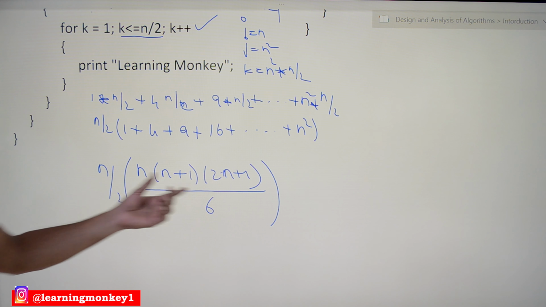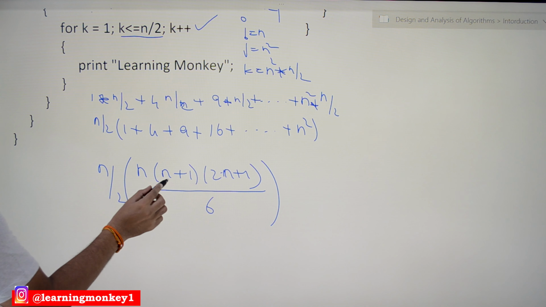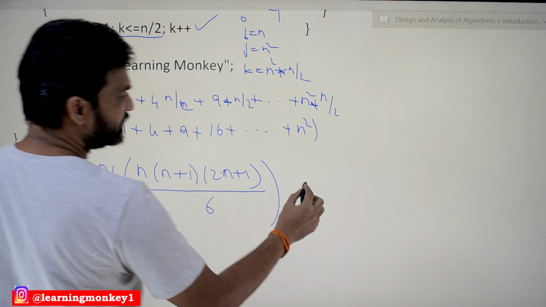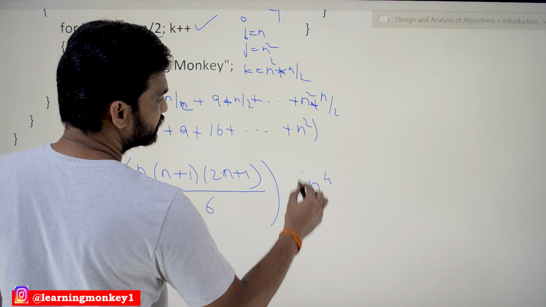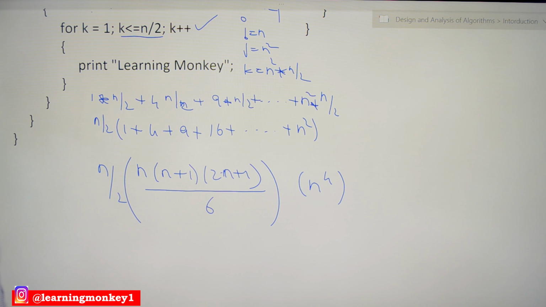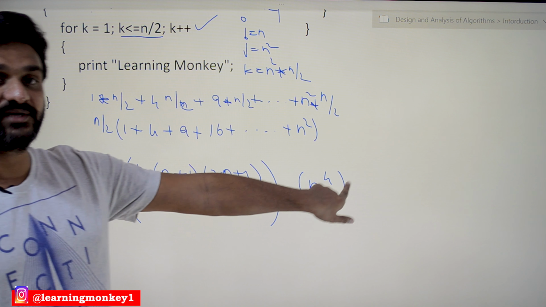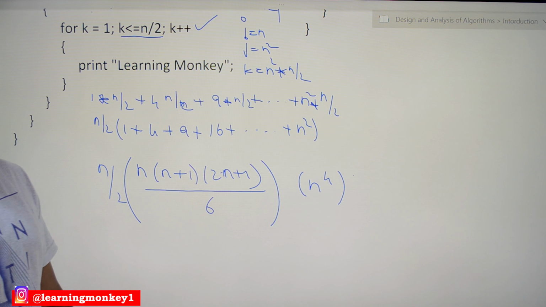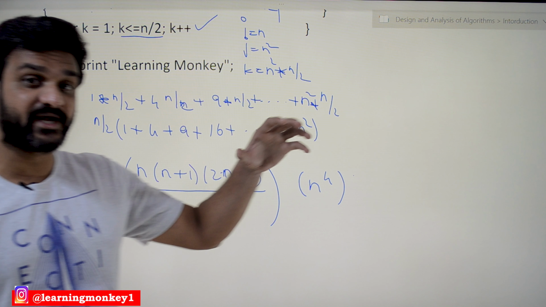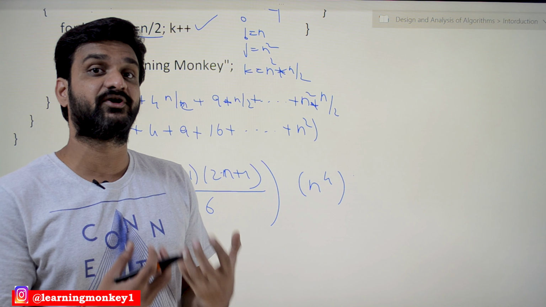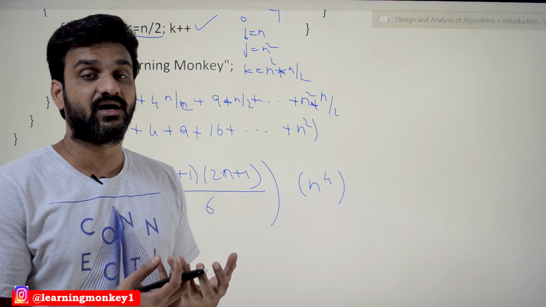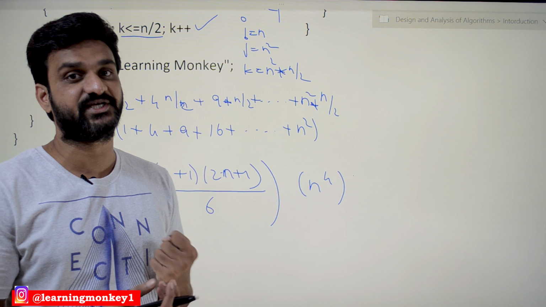So now what is the higher order term? n into n into n into n, so it is going to be n power 4. The higher order term is n power 4, and the efficiency of this algorithm is n power 4. Okay, so this is how we break down the algorithm and get the final solution, the algorithm efficiency.